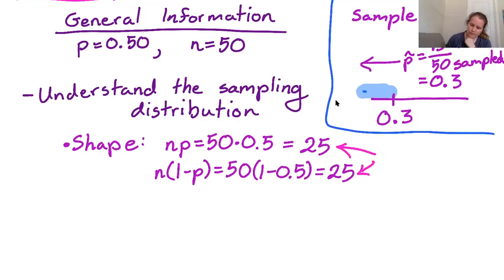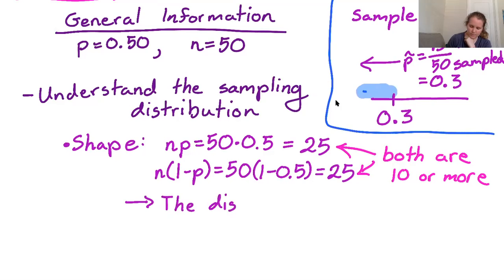These are both 10 or more, which means that the p-hat or sampling distribution is essentially normal.